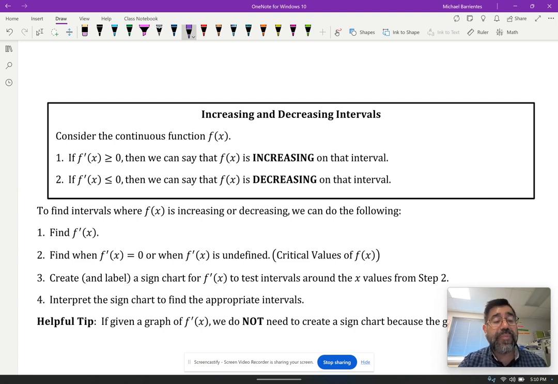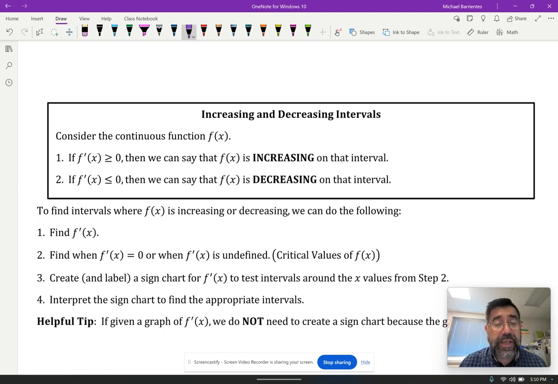Or if f prime of x is less than or equal to 0, then we're going to say that the function is decreasing. Again, if the slope is negative, then my function is decreasing. So it should be a little common sense that the derivative, which finds the slope, is going to help me determine where the function is increasing or decreasing, right?